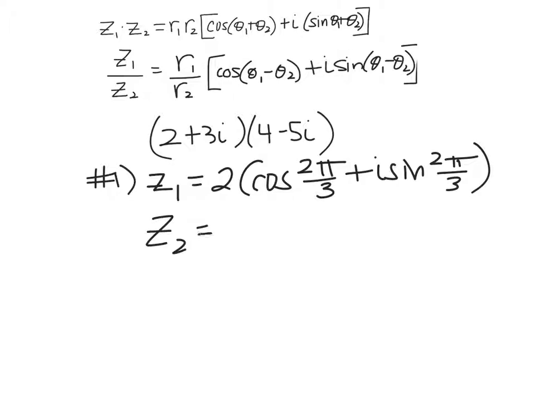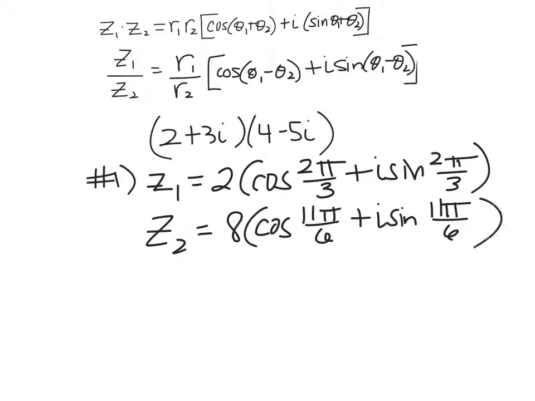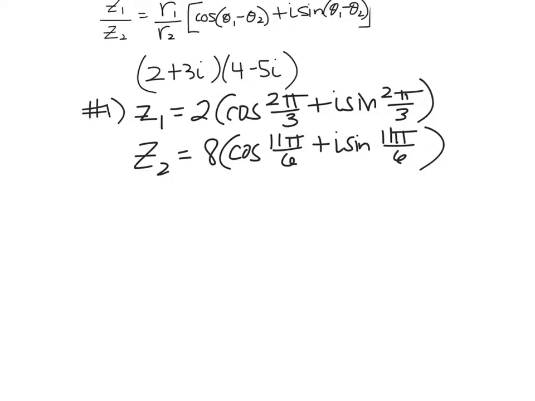And Z2 is 8 times the cosine of 11 pi over 6 plus I sine 11 pi over 6. All right, so let's go ahead and let's take these and multiply them together. So let's do letter A. We'll do Z1 times Z2.